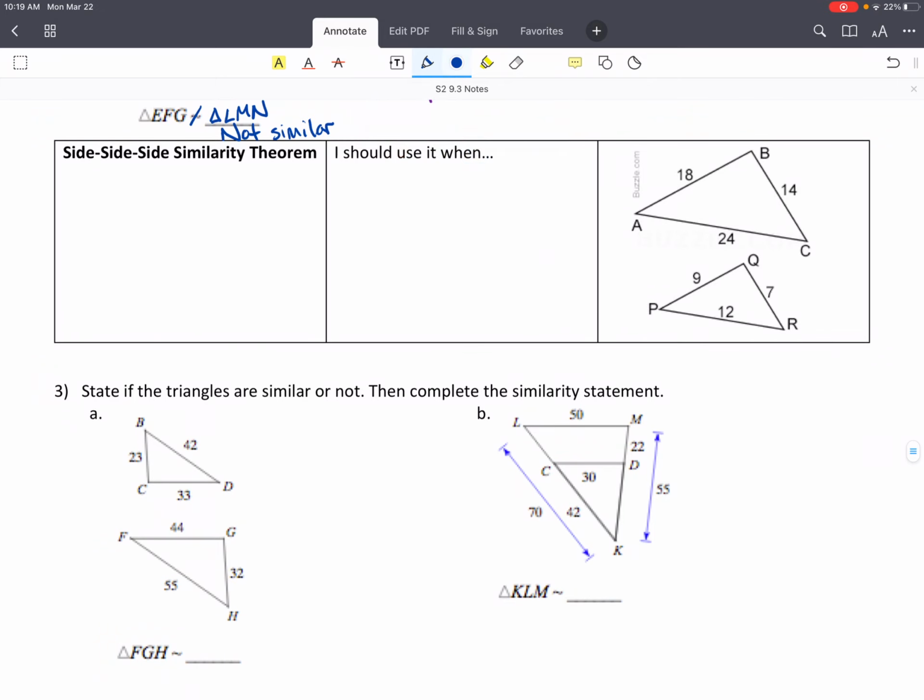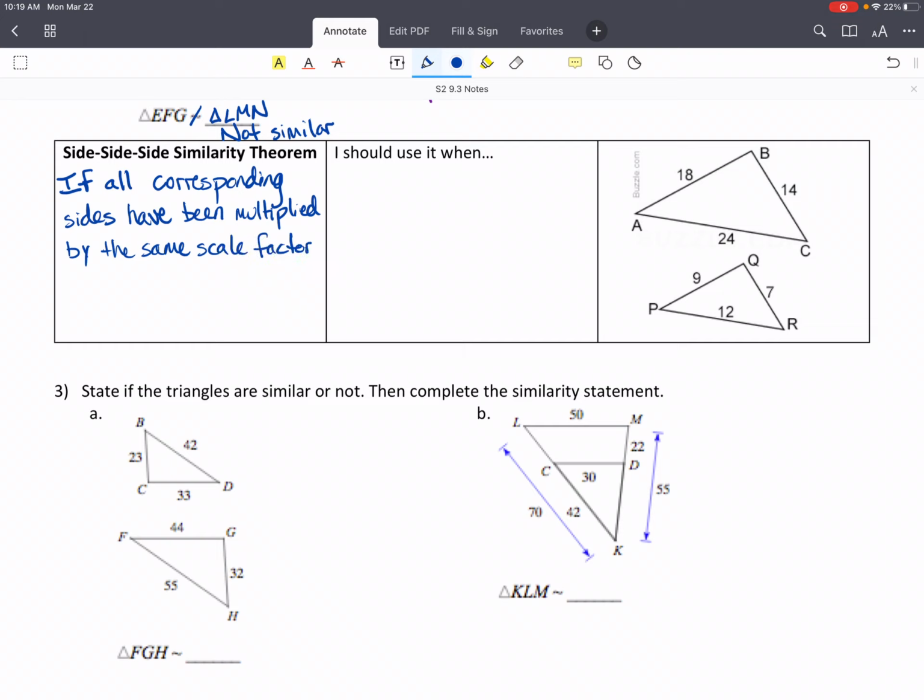And this just means if all sets of corresponding sides have been multiplied by the same scale factor, then the triangles are similar.